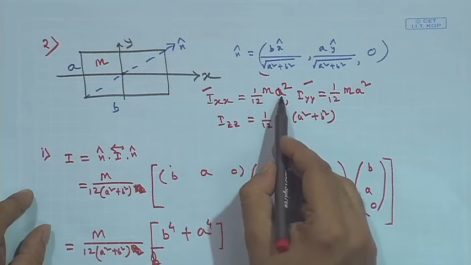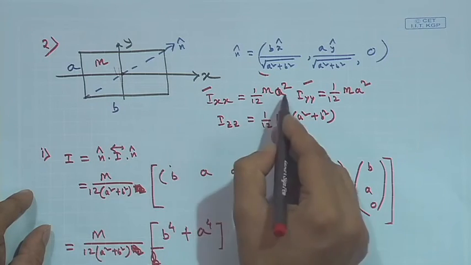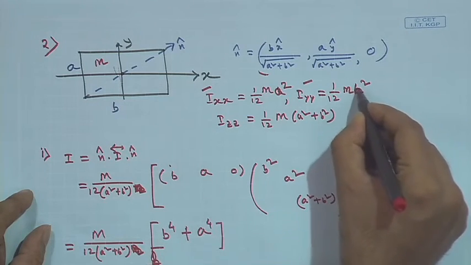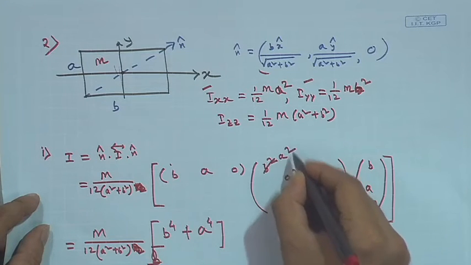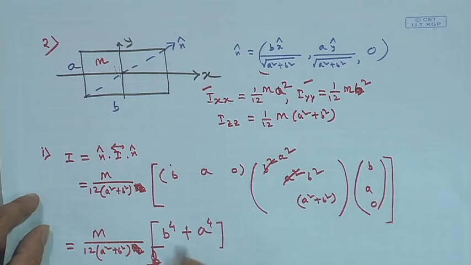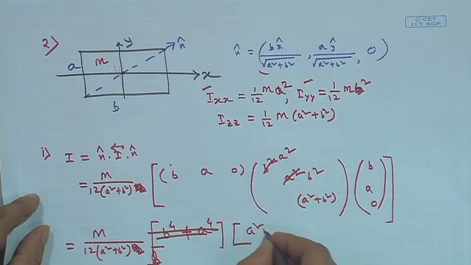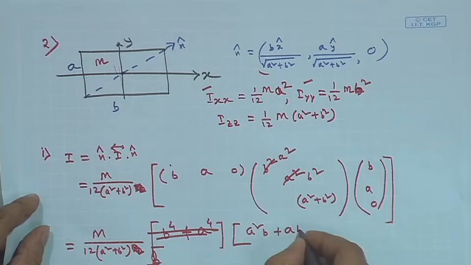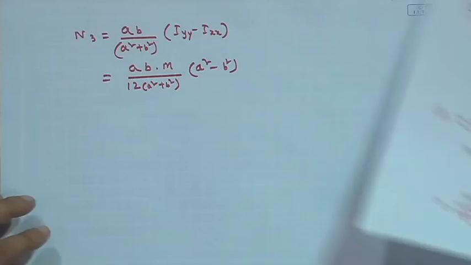Yeah, this makes sense because it will depend on the mass distribution around the x axis, not along the x axis. So it will be a square and this will be b square. So all of this will be a square and b square. So instead of this, it will be a square b plus a b square. Yeah, dimension remains the same, only some change.